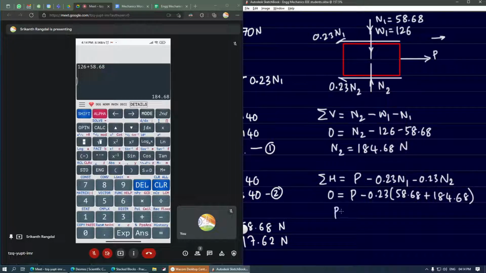So that will give us the value of P. So that we need to calculate over here. 0.23 times 58.68 plus 184.68, equal to, and that is the solution. So 55.97 newtons. So this is the minimum force required to cause the lower block to move towards right.